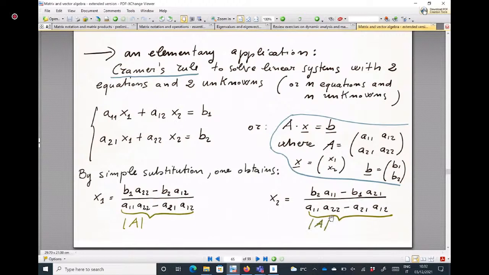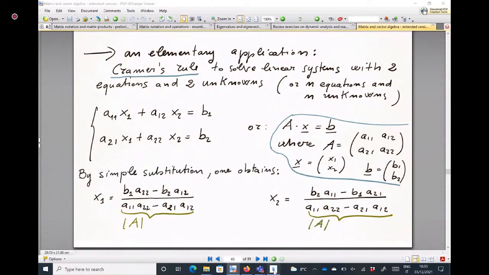In the denominator, we have the determinant of the coefficient matrix, and in the numerator, we have respectively the determinants of the modified matrices, each obtained by replacing the corresponding column with b1, b2, or with the vector b. So this is Cramer's rule, how it works.